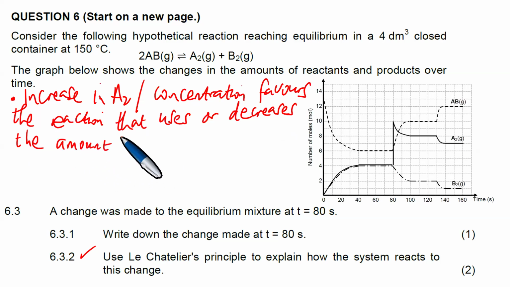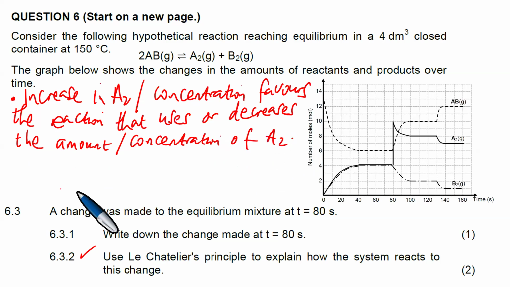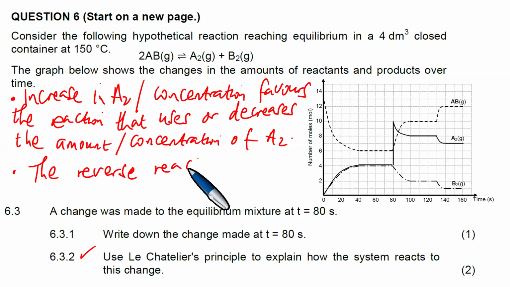The amount, or the concentration of A2. Right, so next we can say the reverse reaction is favored. The reverse reaction is favored.